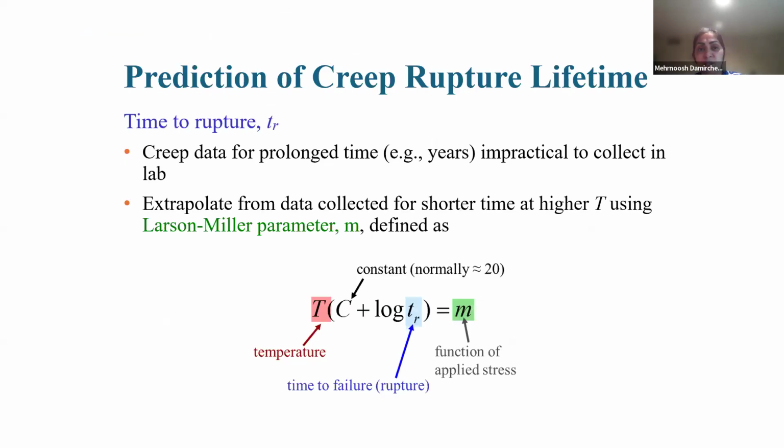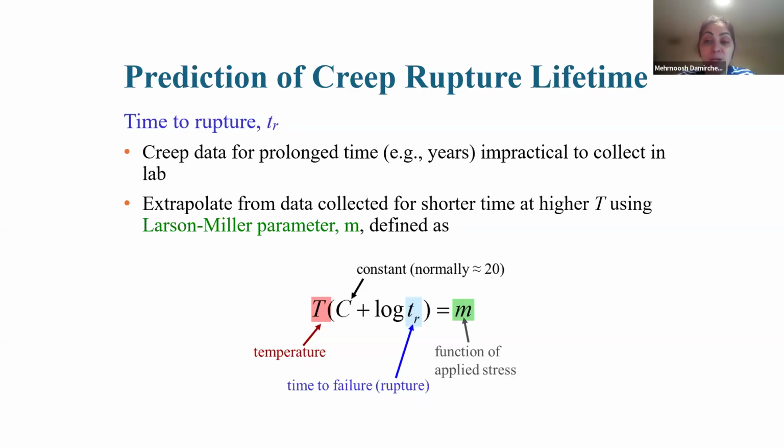Okay. Predictions of creep rupture lifetime, time to rupture, or T_R. It's not practical to run a creep test for many years. You know that it takes much time in the laboratory. So engineers use mathematical models to predict long-term performance.